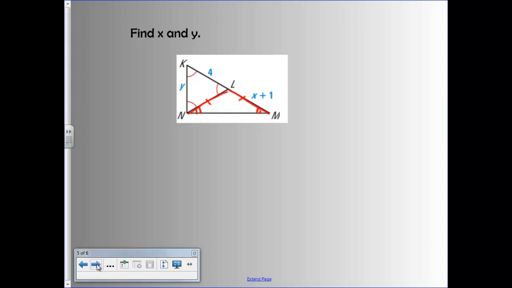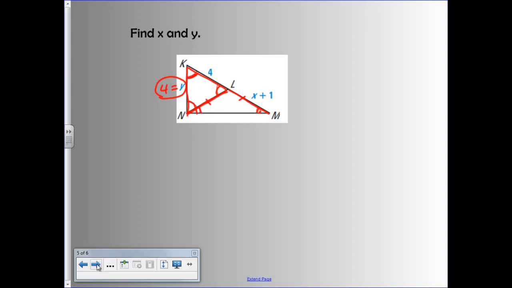So let's try and look for y first. I look at this triangle, and what is this triangle? What's y? Y is 4. So if it's equiangular like we see, that means it's also equilateral.